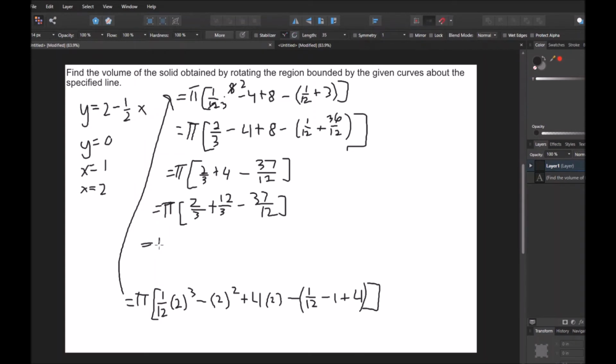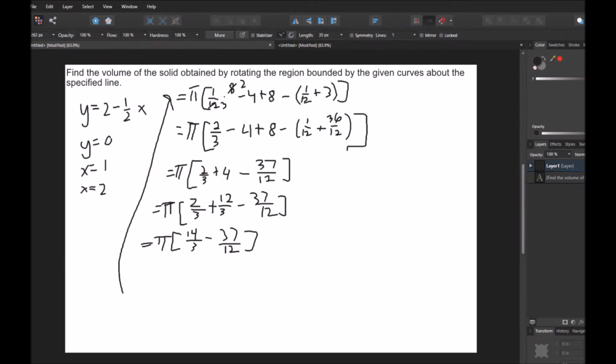Then we're going to get pi times, so here we're going to add together the 2 and the 12 to get 14/3 minus 37/12. I'm going to erase what's on the bottom here. So then we're going to multiply both the numerator and the denominator of 14/3 by 4 to get it to be a like denominator with this.